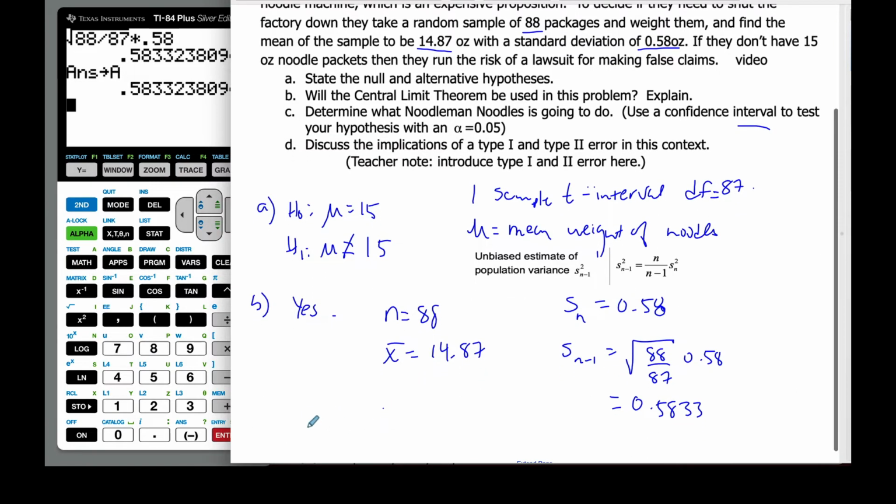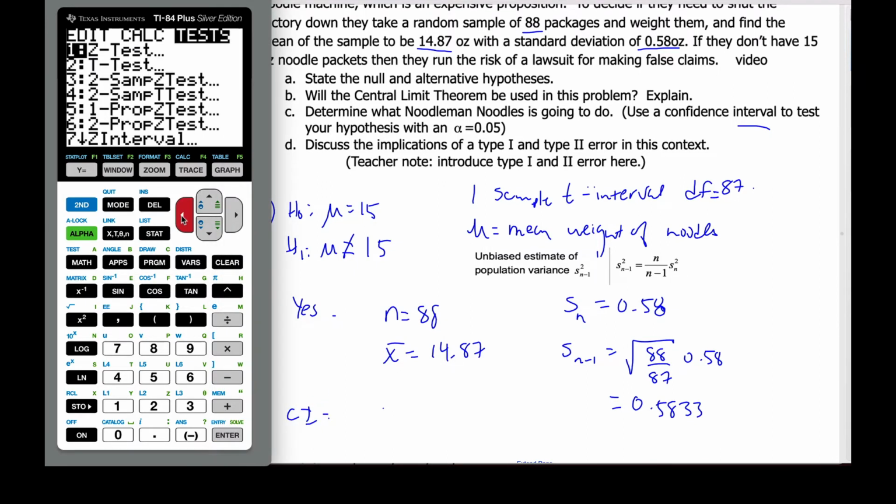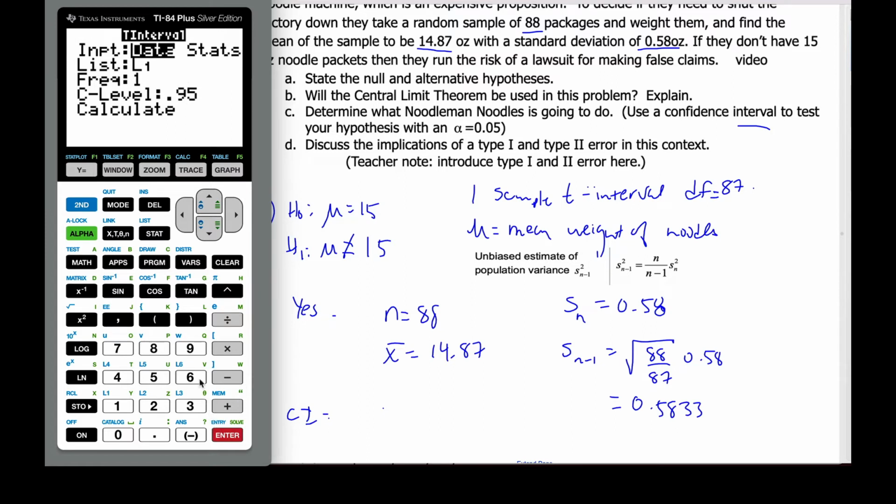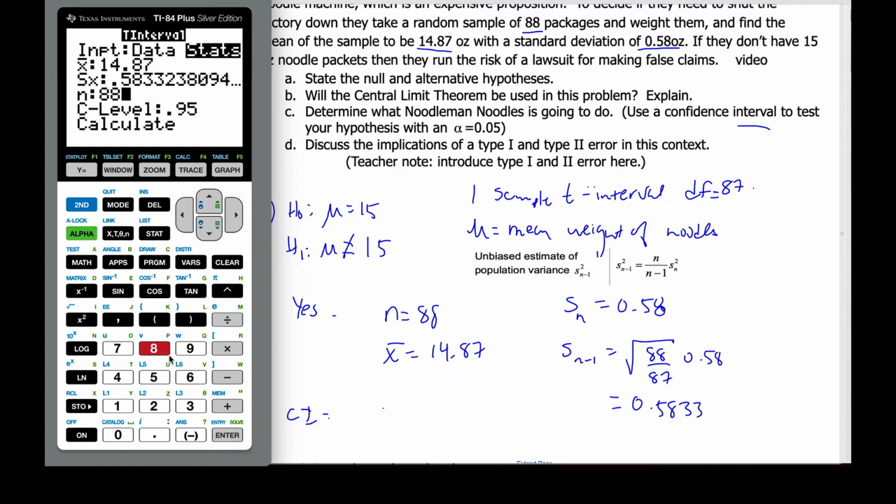So to make my confidence interval, I go to stat, calculate, and I believe number 8 is a t interval. I have statistics. I know my mean is 14.87. My standard deviation is A. My n is 88. And alpha is 0.05, which corresponds to 0.95 as a confidence level.